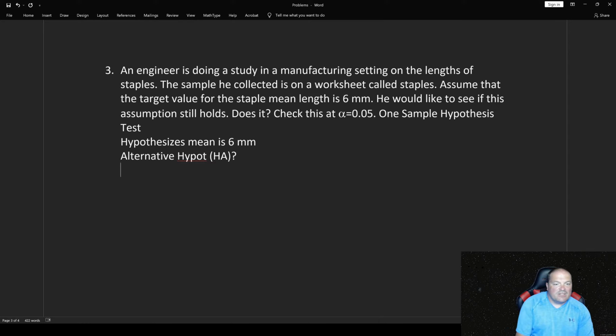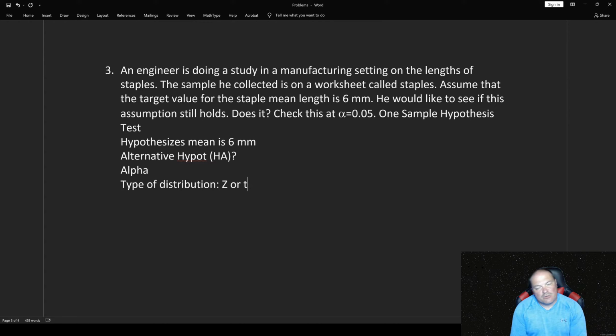We also have to decide alpha, which we were given. We also have to decide the type of distribution to use. Now hopefully in this case we will use either Z or T. Length doesn't really get us to a binomial distribution or Poisson or anything like that. It's going to be continuous, so we're hoping to use Z or T. I'll talk a little bit about how you decide on which. So once we decide that, we'll get to the rest.